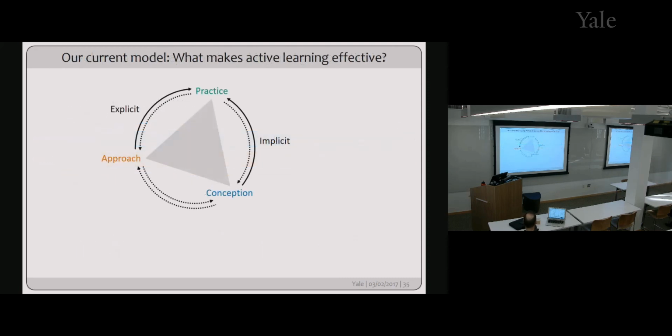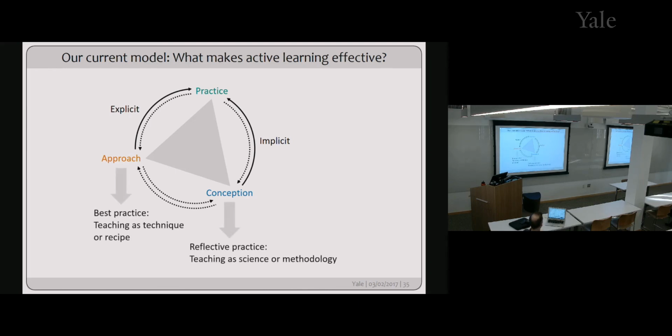So what we found from the 2 case studies is this connection, explicit versus implicit connection. The conception of teaching and learning is really implicitly informing what people do. Our current hypothesis or model is that if we focus on the approach, it's like a best practice, a technique or recipe: if I do this in this particular way, then it will always have that outcome, which is not always true.